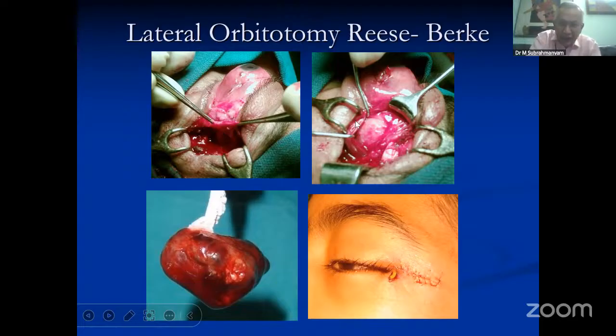Then you identify the lateral rectus muscle with the help of the suture that we have already placed, and then you retract it to a side. Then you gently separate the fat and make a gentle dissection with the artery forceps till you see the tumor. Separate the tumor capsule from the surrounding structures, and then put a cryo.